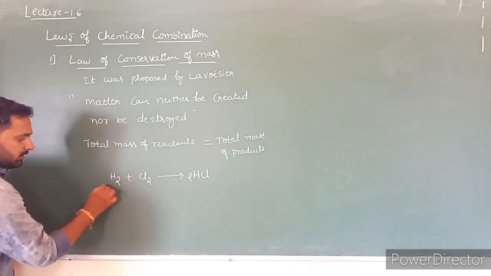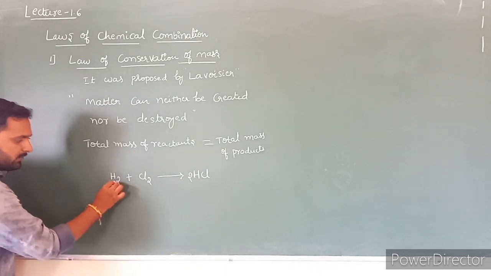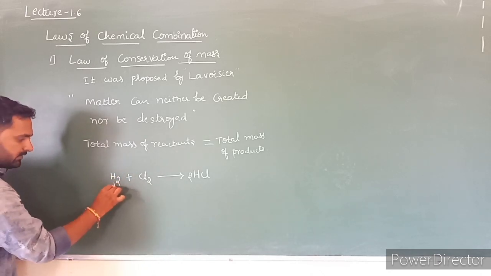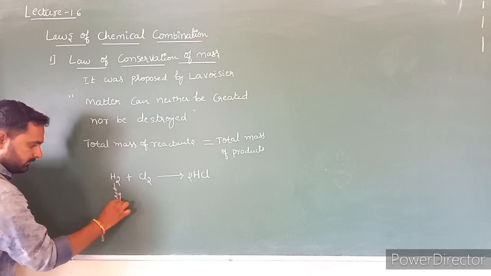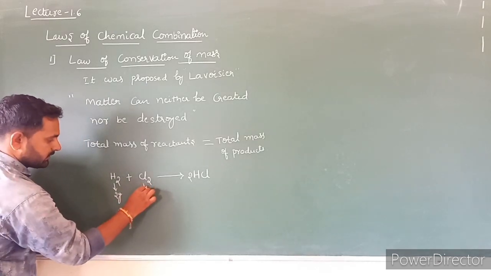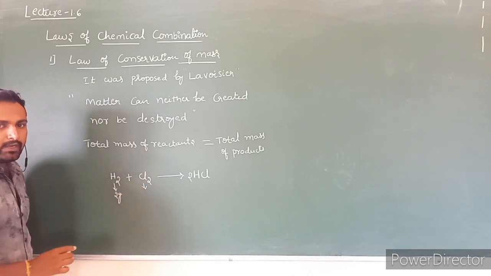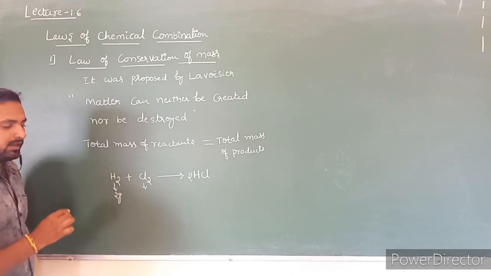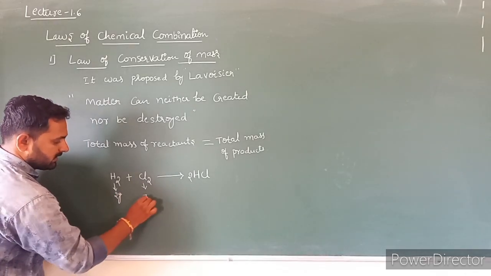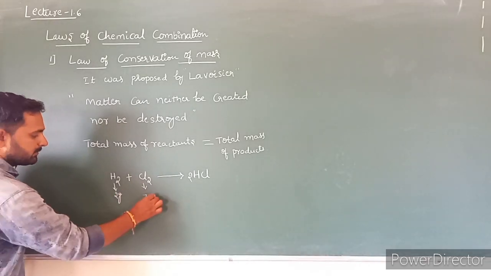Now, what is the atomic mass of hydrogen? Atomic mass of hydrogen is 1. There are 2 hydrogens, so 2 grams. Now I am going to write in grams. Next, chlorine. 1 chlorine atomic mass is 35.5. There are 2 chlorines, that's why the mass is 71 grams.